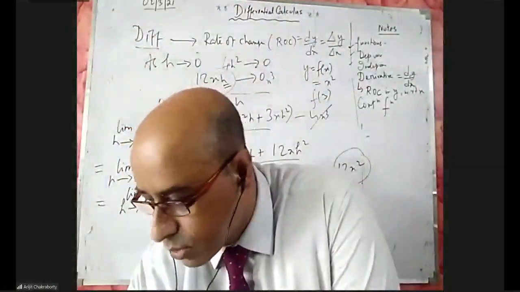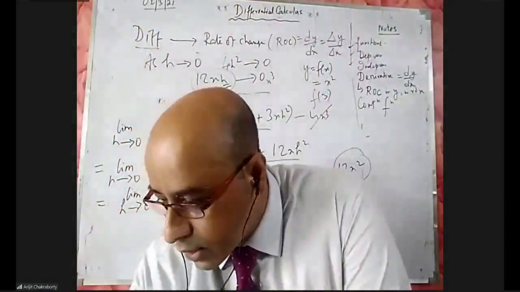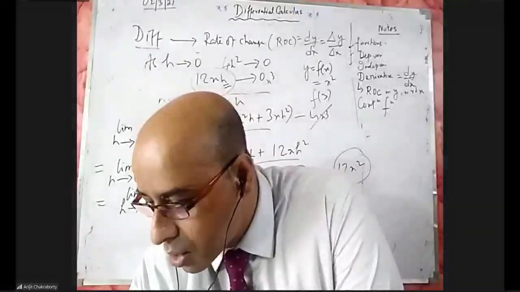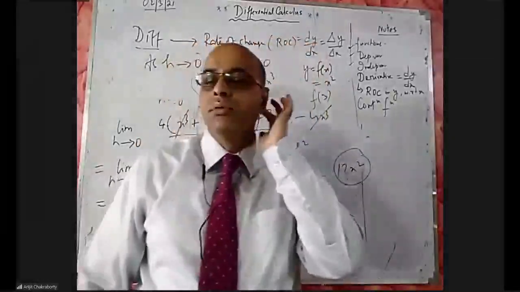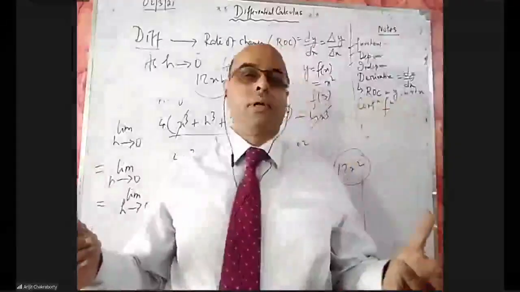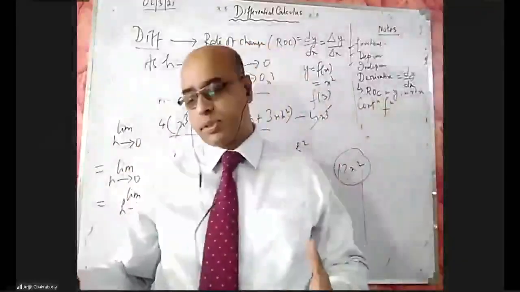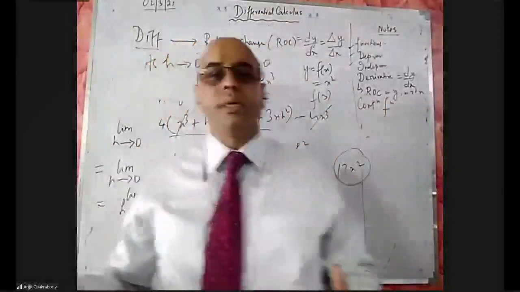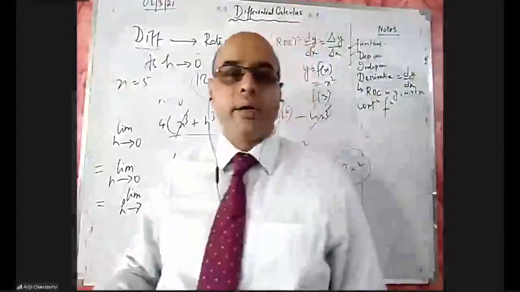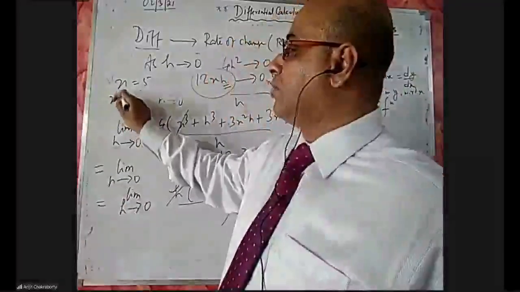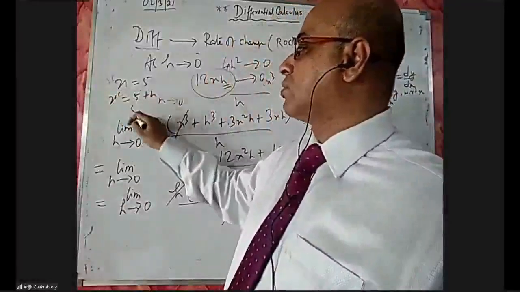I hope Mosam, you have understood this. Now, Shweta, you have said that h tending towards 0 means h can come from the negative side as well as from the positive side, right? That means instead of say x equal to 5, the new value of x can be 5 plus h, it can also be 5 minus h.